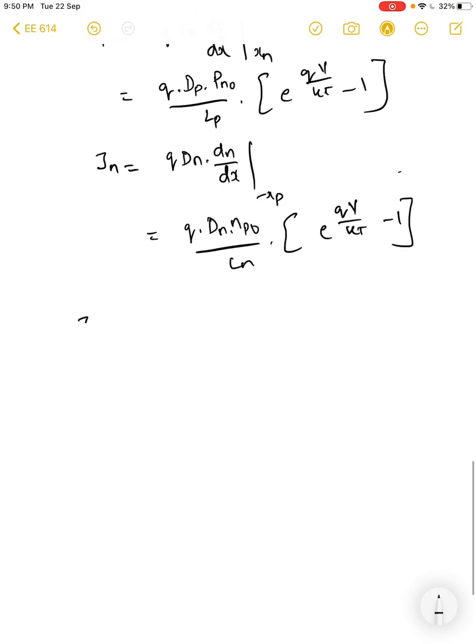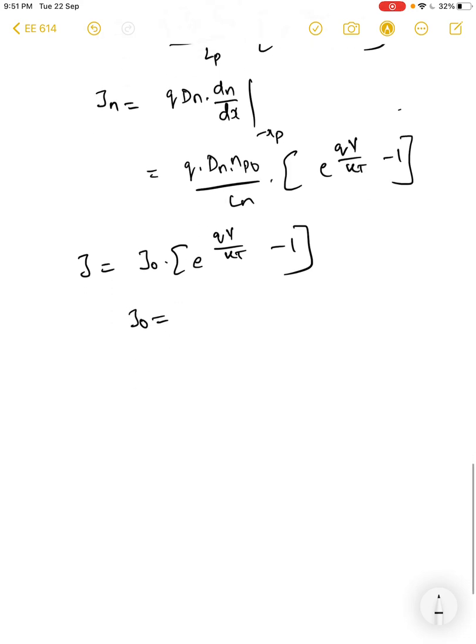So the total current now is a summation of these two components, can be written as J naught (e power qV by kT minus 1), where J naught is q Dp pn naught by Lp plus q Dn np naught by Ln.